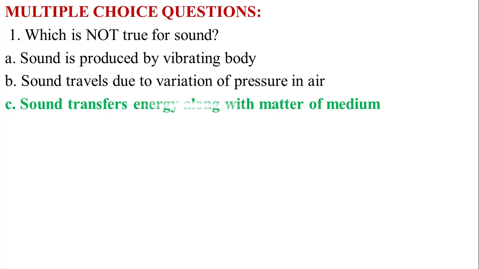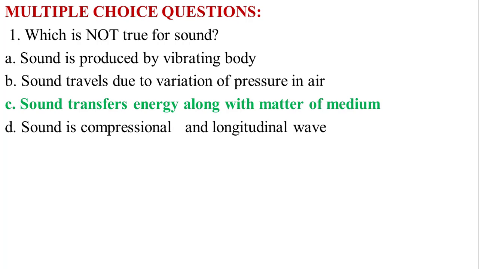C, sound transfers energy along with the matter of the medium. And D, sound is a compressional and longitudinal wave. So we can answer the first part as not true: the third statement, C, is not true. Sound transfers energy along with the matter of the medium.